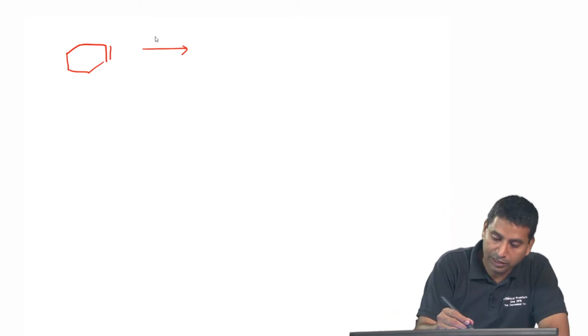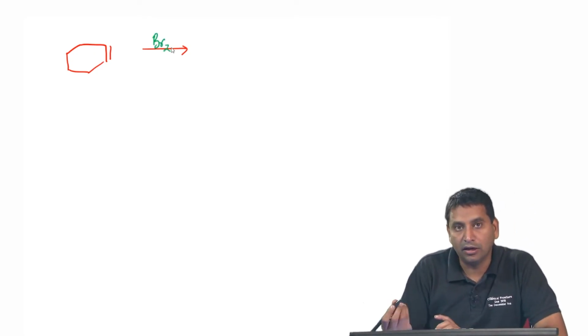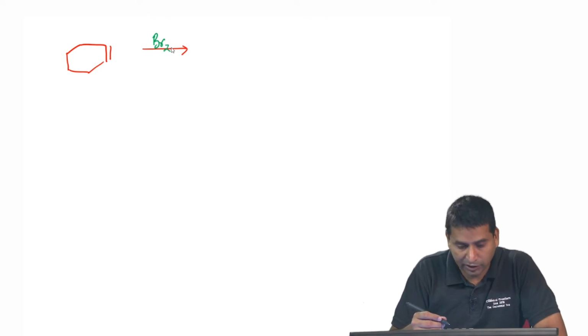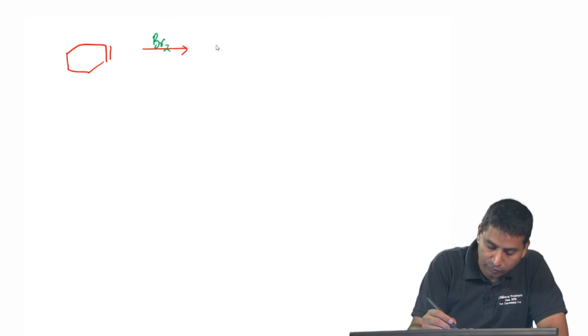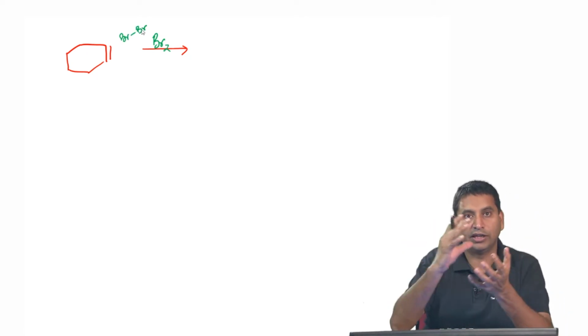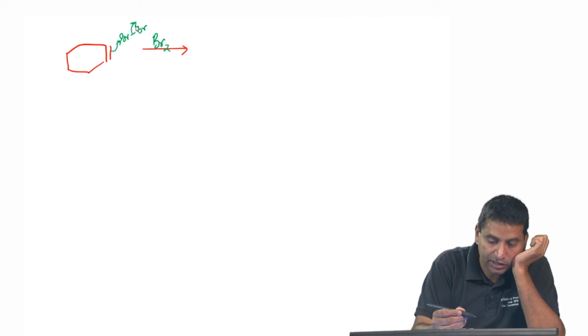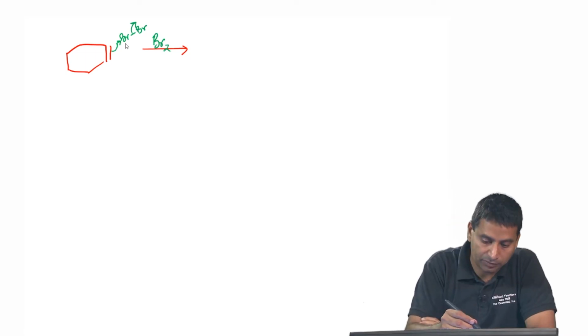So, when you add Br2 to cyclohexene, then from our understanding of the mechanism, what we had proposed was that the Br forms some sort of an interaction with the pi bond, and it leads to the formation of a cyclic bromonium ion.